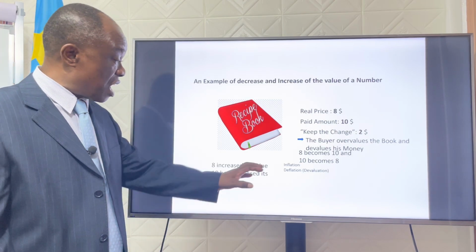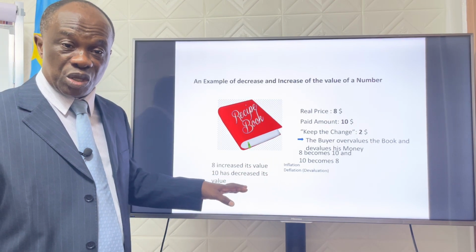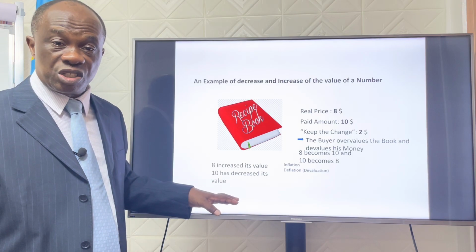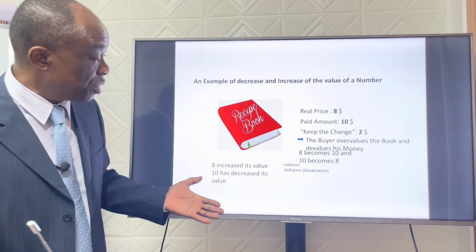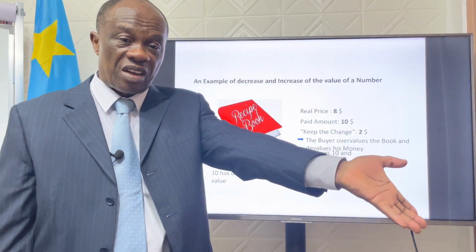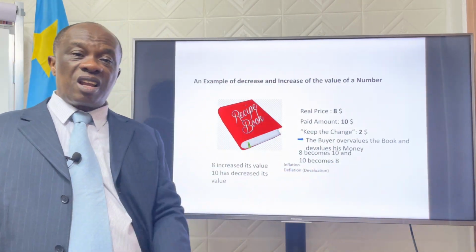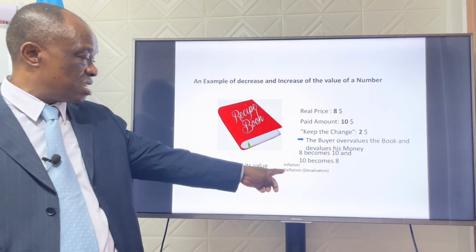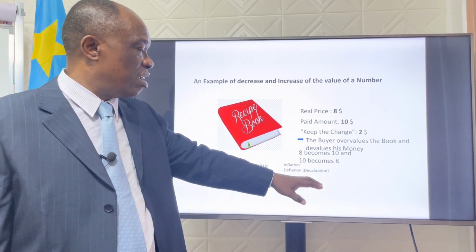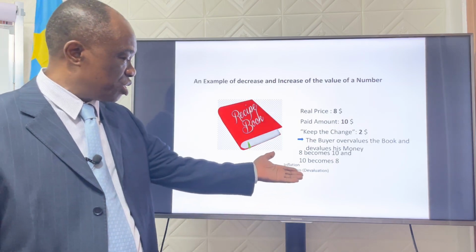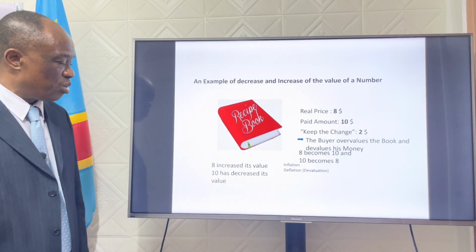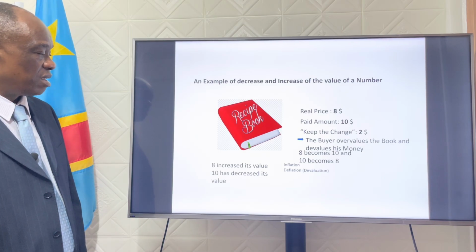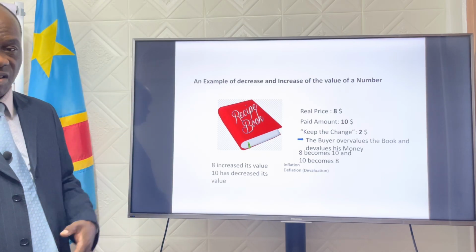These are terms that are going to be used in our calculations. The inflation of a number. So a number can increase its value or decrease its value. Decrease is deflation or devaluation. Inflation, you understand, it's very easy. That's an increase, inflation.